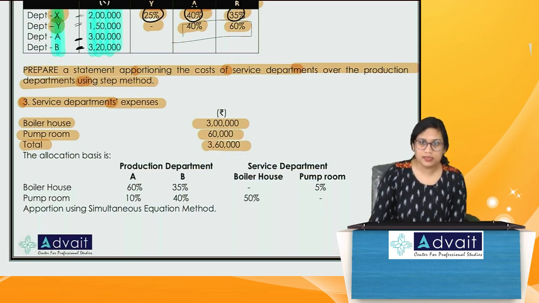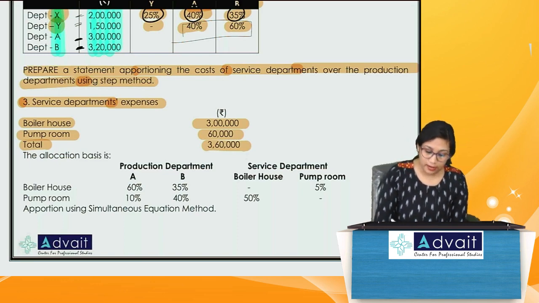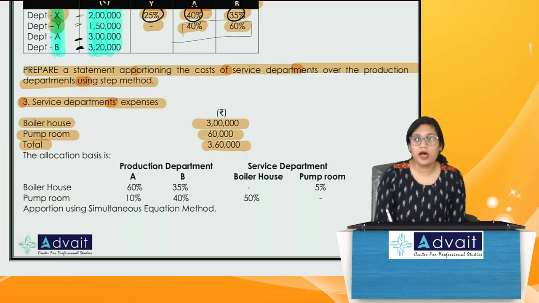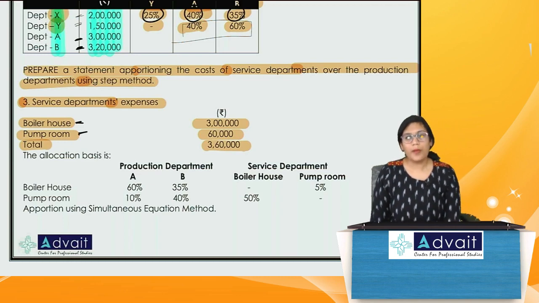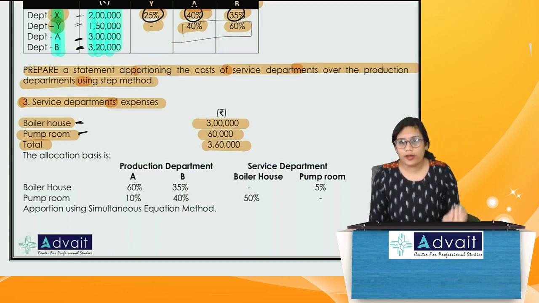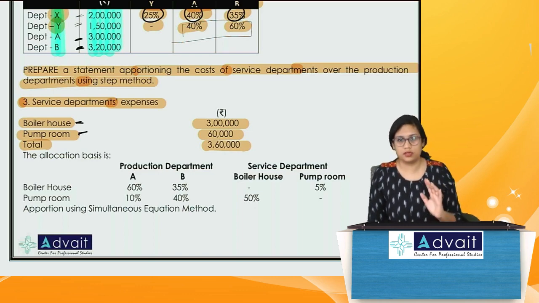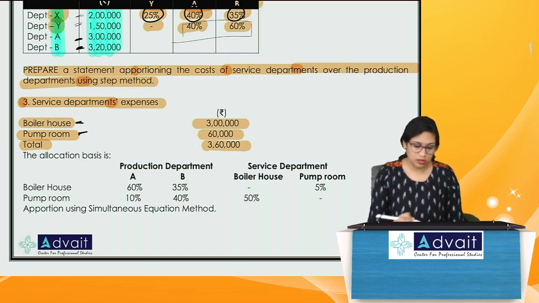So here guys, here my service departments are what? One is boiler house, the other one is pump room. They have already done the primary distribution summary and given to us, okay, for these two.